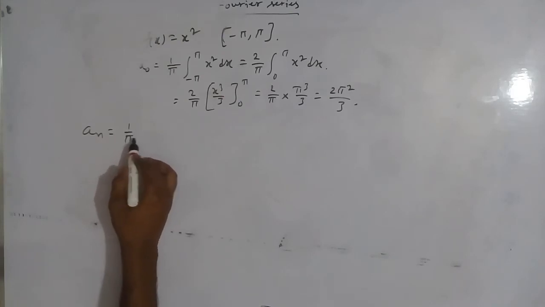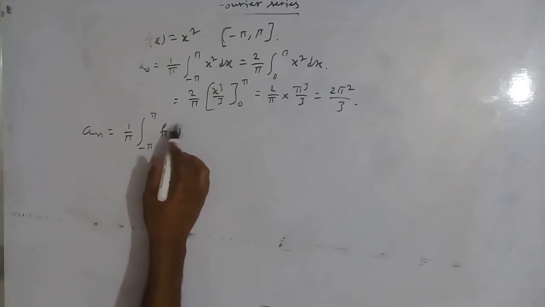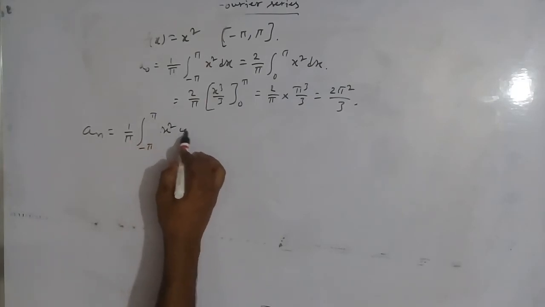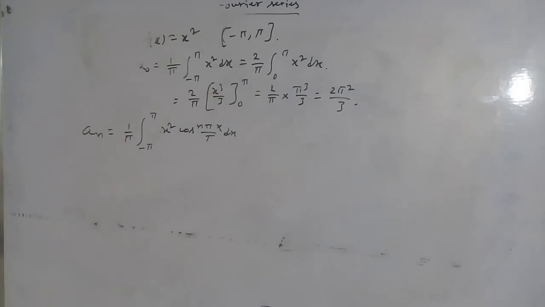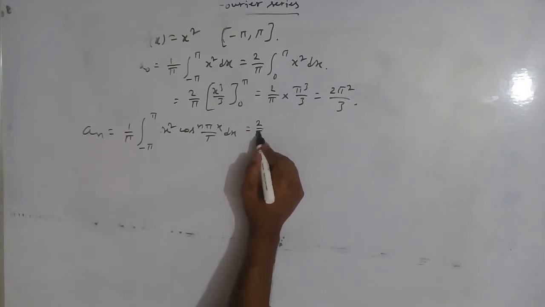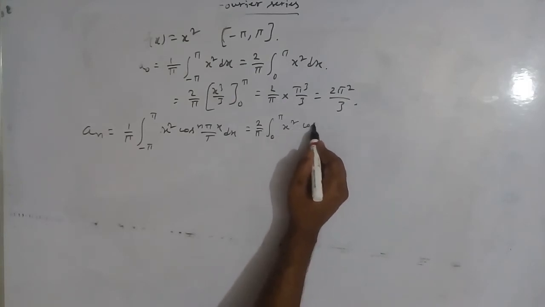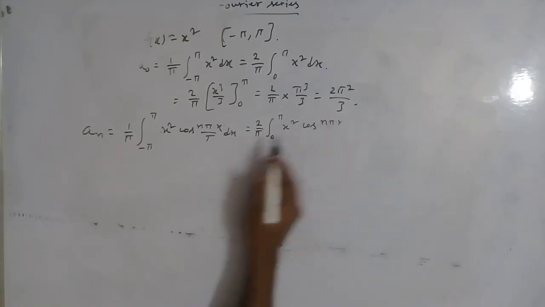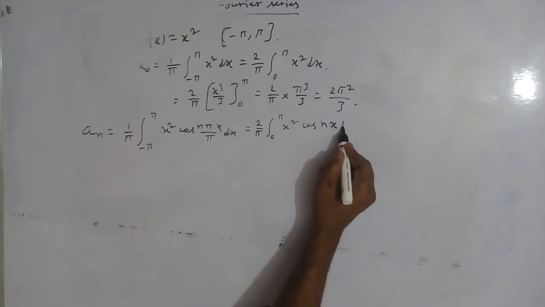So an, the formula of an is 1 by pi integral from minus pi to pi of f(x), that is here f(x) is x square, cos n pi x by t dx, and here x square is an even function and cos is an even function, so the whole function is an even function, so we can write it as 2 by pi integral from 0 to pi of x square cos, sorry, the value of t is pi, so this will be cos nx dx.